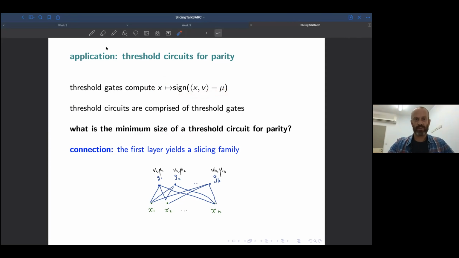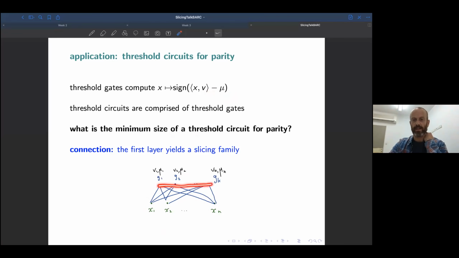But the observation is that if we have a threshold circuit that computes parity, then the first layer of the circuit defines a slicing family. So this is the observation that relates this computational complexity question to the slicing problem. Here is a picture of the input layer of a threshold circuit.